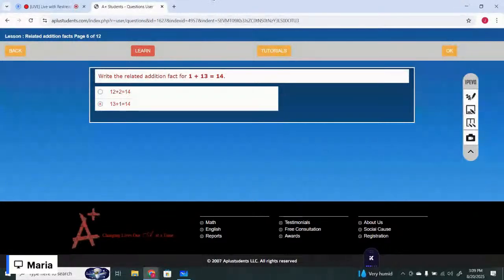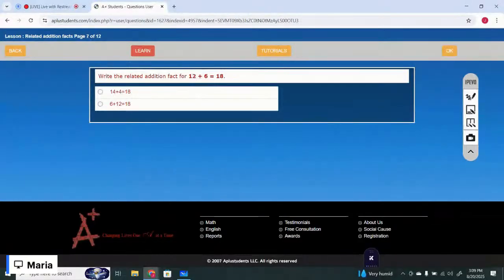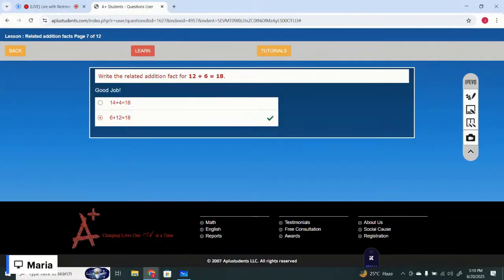That is 13 plus 1 equals 14. Option number 2 is the correct option. Write the related addition fact for 12 plus 6 equals 18. Option number 2 is the correct option, that is 6 plus 12 equals 18.